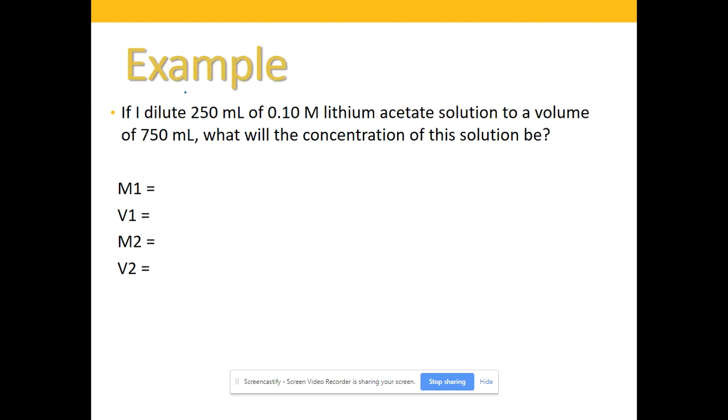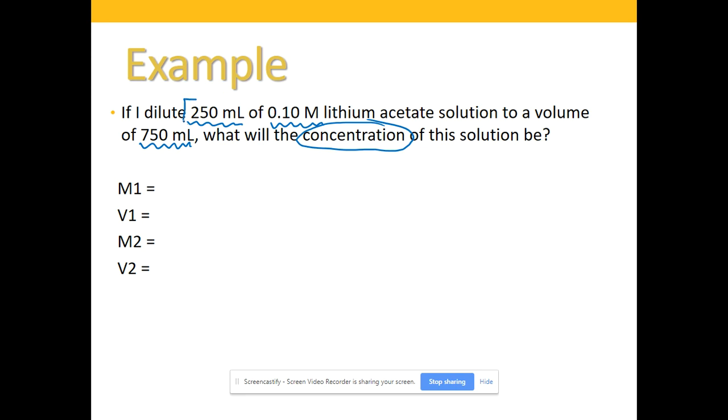For example, if I dilute 250 milliliters of 0.1 molar lithium acetate solution to a volume of 750 milliliters, what will the concentration of this solution be? So it's saying that you're diluting a solution that you already have.